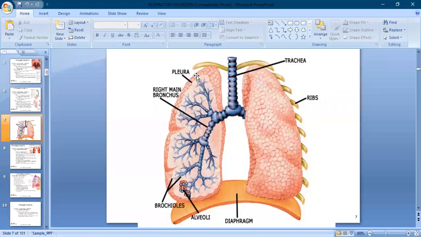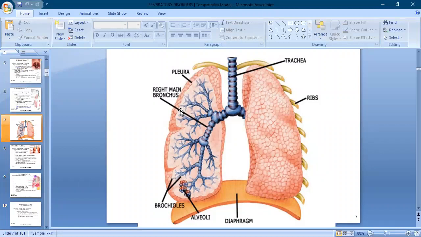And here it is showing the pleura. The outer layer of the lungs is called pleura, and this is the diaphragm, the main major muscle for respiration. They're showing the ribs. So the trachea bifurcates into right and left bronchi. Then they again divide to every lobe, and this is called bronchiole. Bronchiole ends at the alveoli.